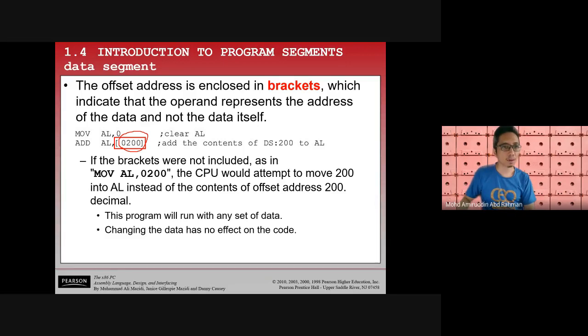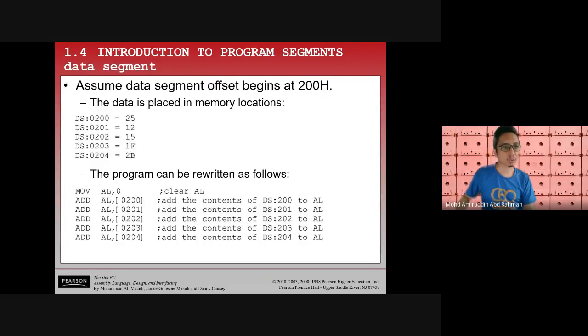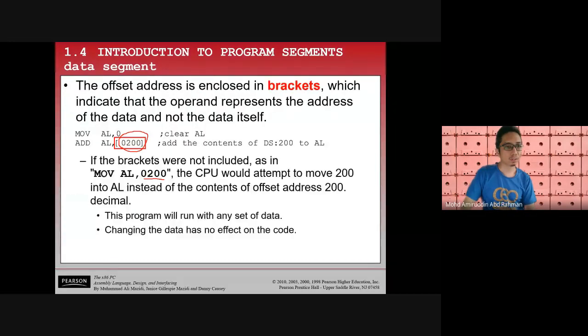But if the brackets are not included, then we add the value 0200, not the value here, 25. So that's the difference.